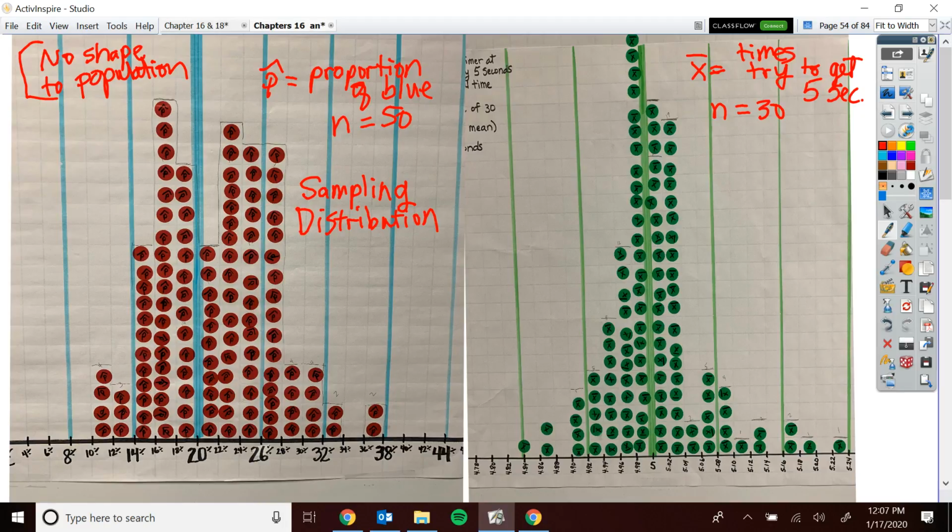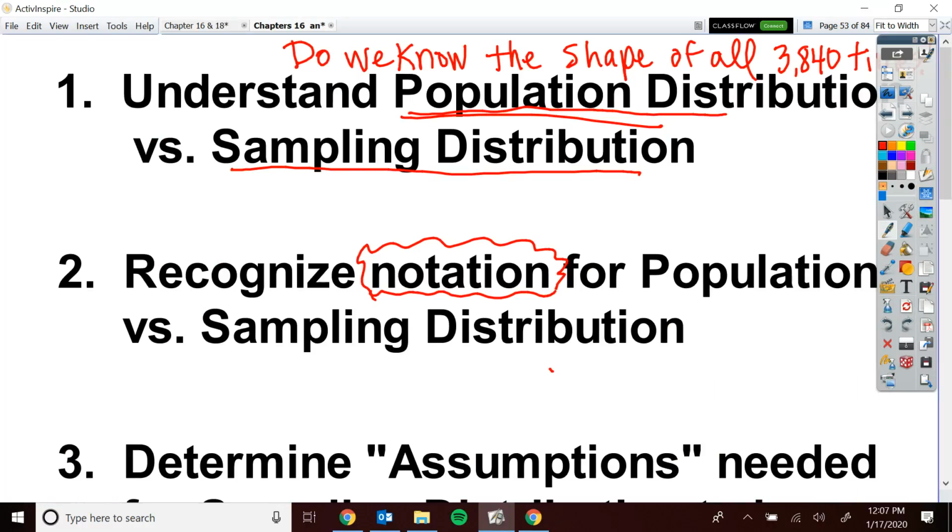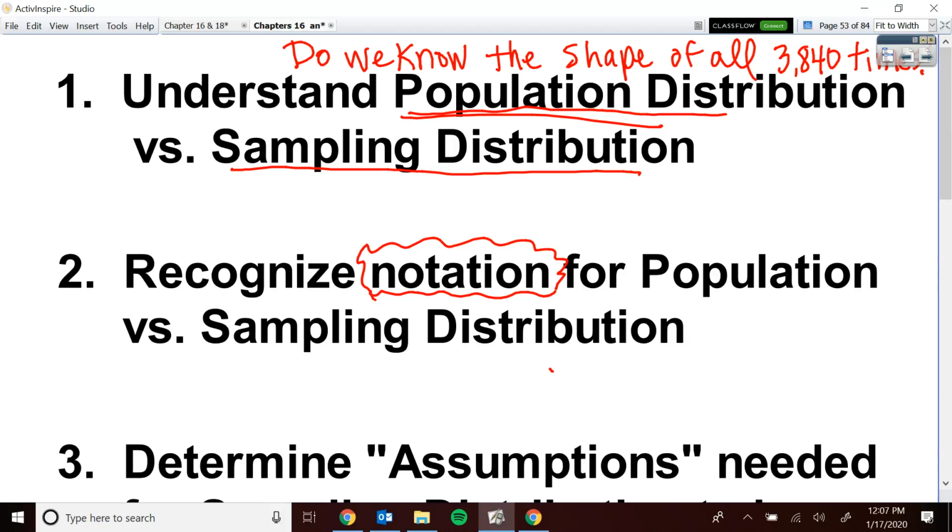All right, now let's talk about the means. You each took 30 times, and there were 128 students. That means yesterday there were 3,840 times calculated throughout the course of the day, and that's the population.